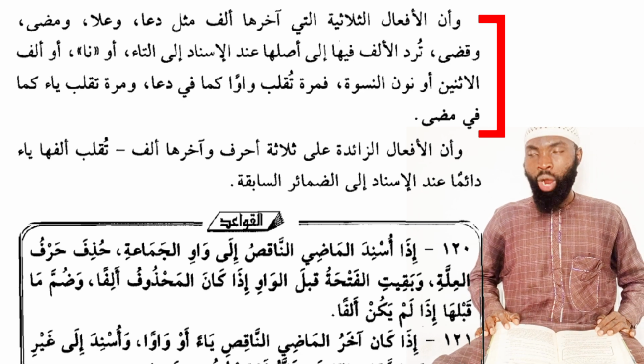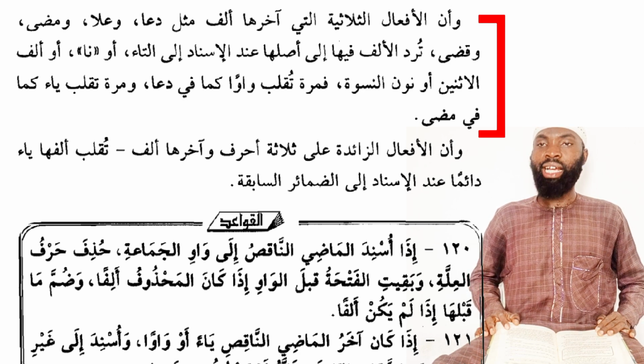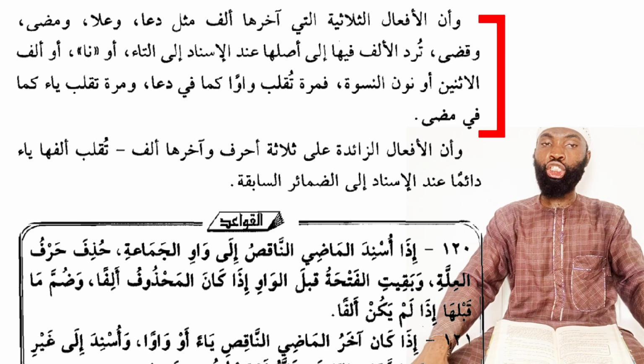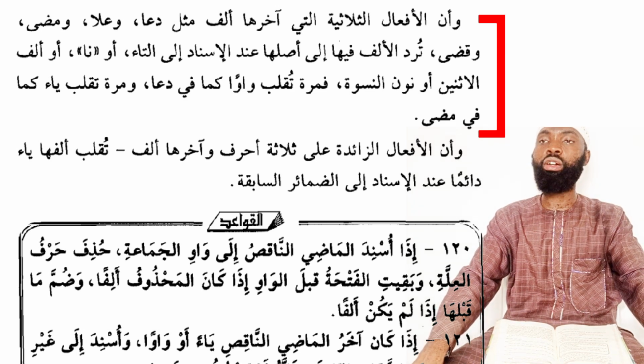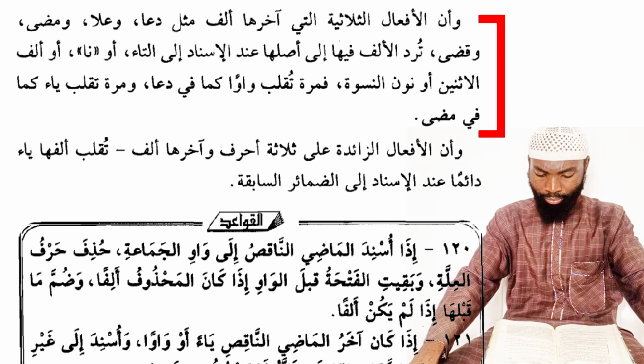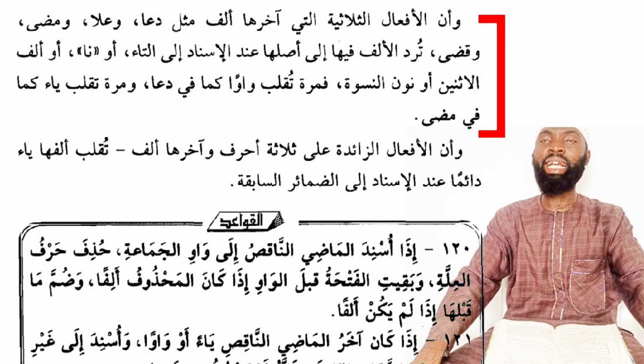Sometimes this alif will be changed and substituted with what? Wa, as we saw in the word da'a, when it became da'autu, da'auna. And sometimes it is changed to ya, as in مَضَى.